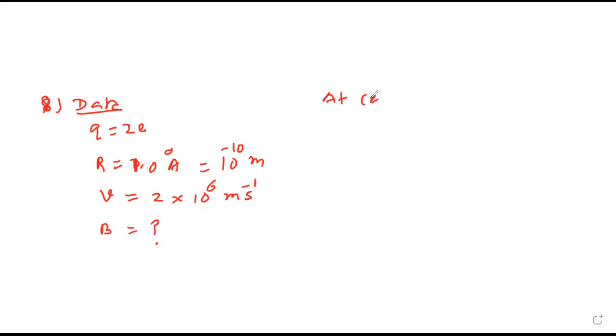At center of circular coil. Who will tell the formula for B at center of circular coil? Tell the formula.